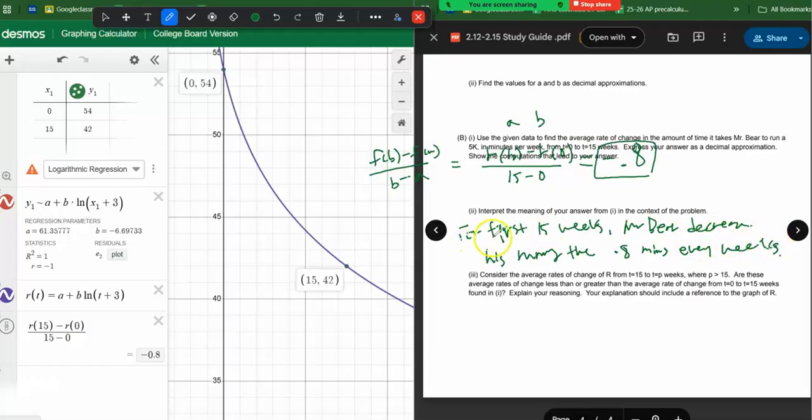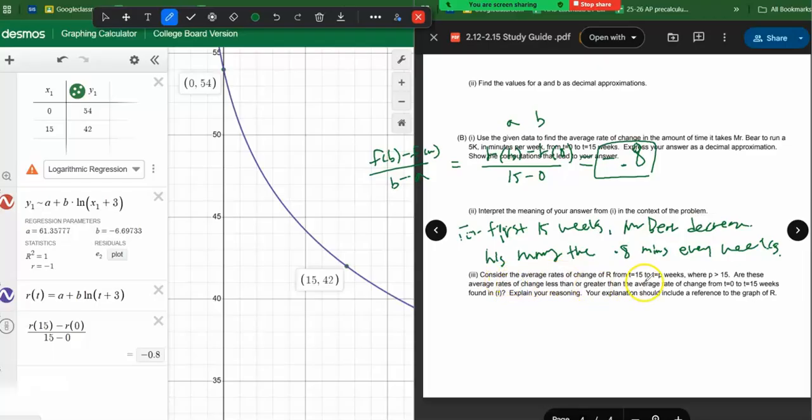All right, what do I have to include? Make sure you say the first 15 weeks, or week 0 to week 15. You have to tell me that's the range we're looking at. And then since it's a negative, his time is decreasing 0.8 minutes, and it's every week, right? So the average is going to be 0.8 each week. Make sure you say each week.